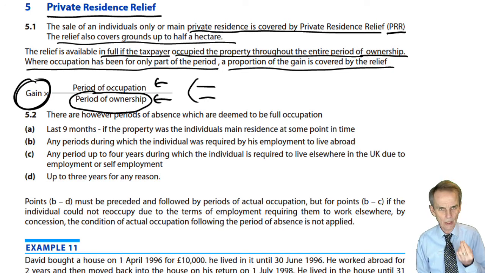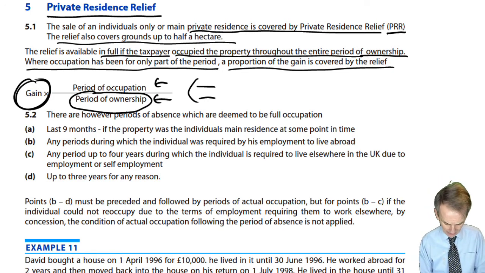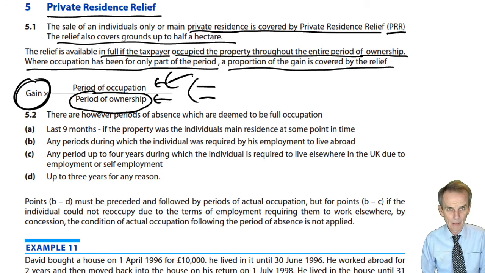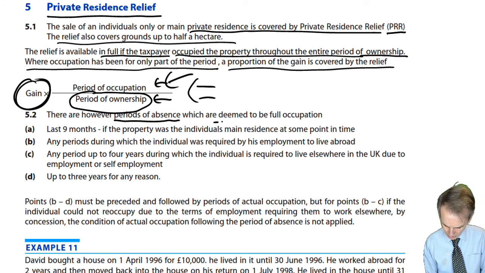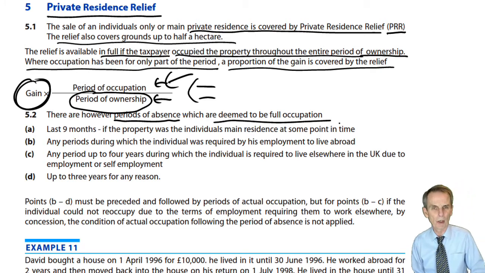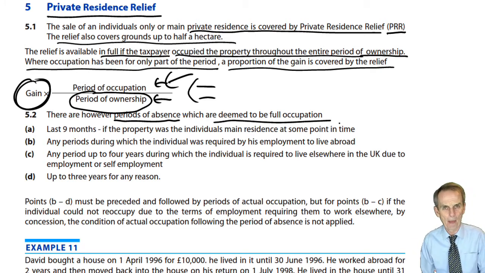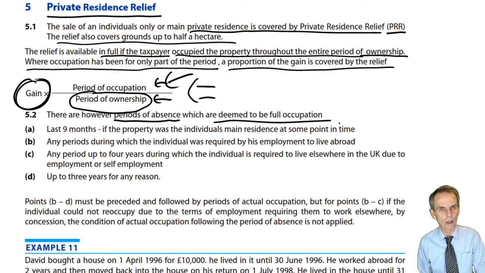Most of the technical work that you need to do here is all about that one, the period of occupation. Because as we have said, there are periods of absence which are still deemed to be full occupation. So what are they? This is the bit that you need to learn and then know how to apply.